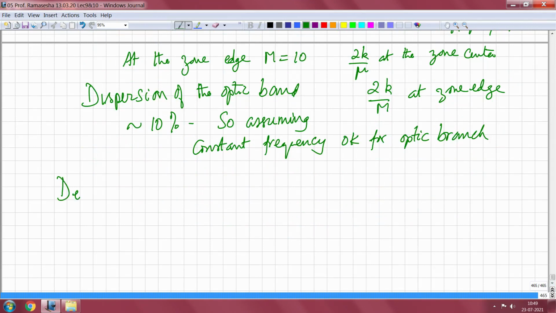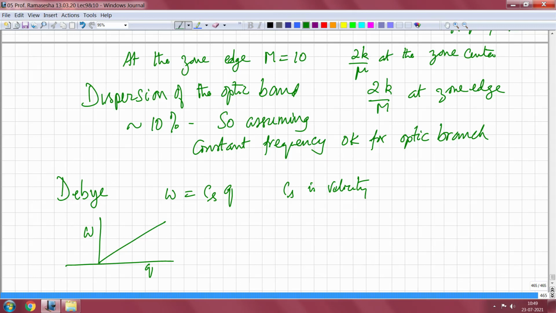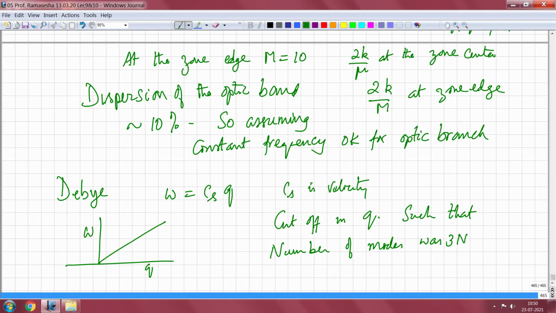But Debye came up with another model where he assumed that omega goes as Cs times q, where Cs is the velocity of sound. So basically he assumed that omega versus q goes as this, and he had a cutoff in q such that the number of modes was 3n, because if you have n atoms you have 3n degrees of freedom.